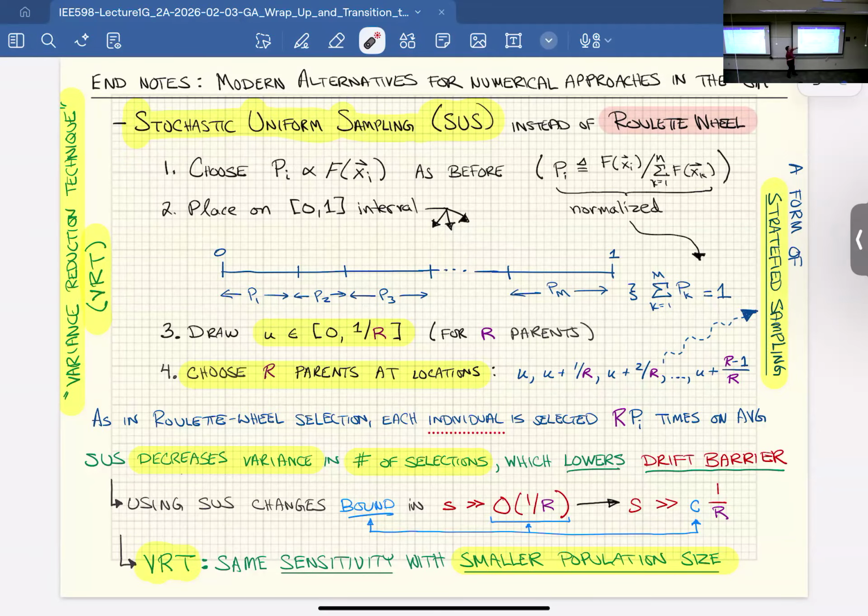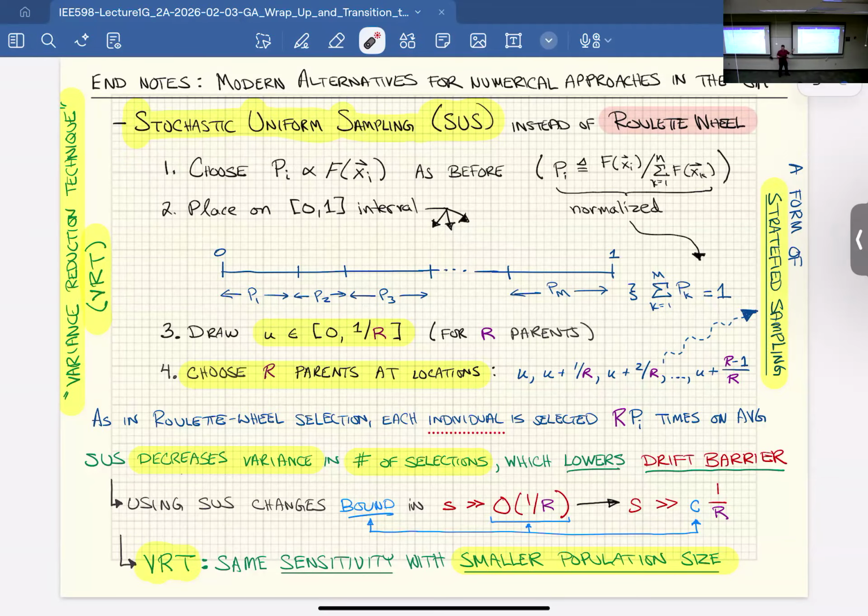So what we're saying is, regardless of whether you use roulette wheel selection or SUS, the average number of offspring will be dependent upon fitness. So if you have 50% of the fitness, you will have 50% of the offspring. If there's 10 offspring, you'll get on average 5 of them in both.